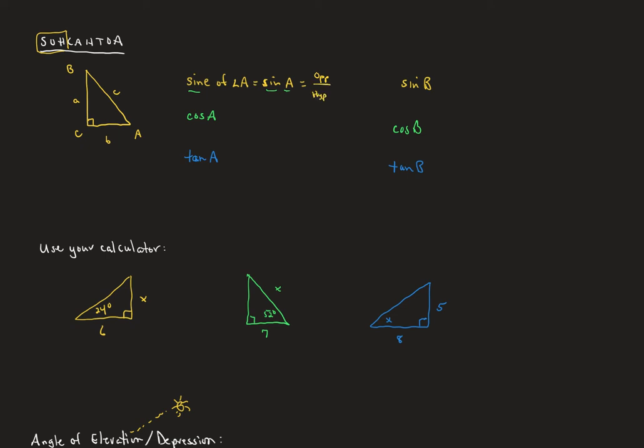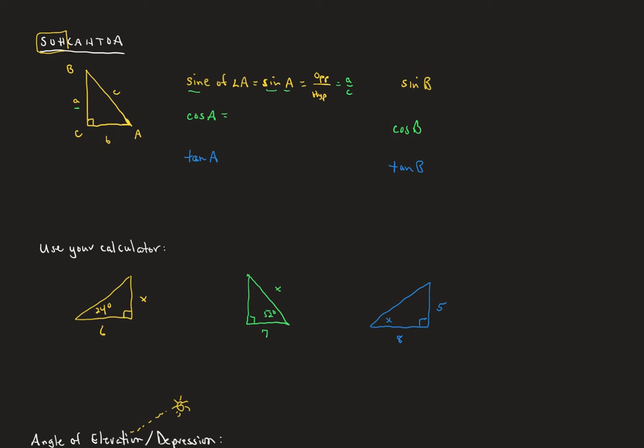And so in our particular triangle here, since our angle A is down here, the opposite side of that angle A is going to be side length A, so that's going to be a little a, and the hypotenuse is the C. So our sine of angle A is A over C. It's the opposite over the hypotenuse.